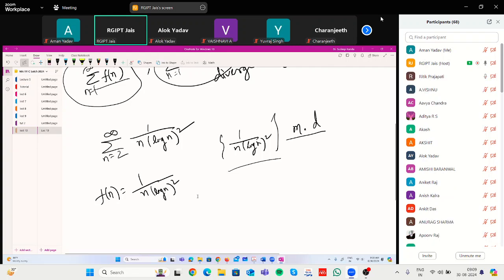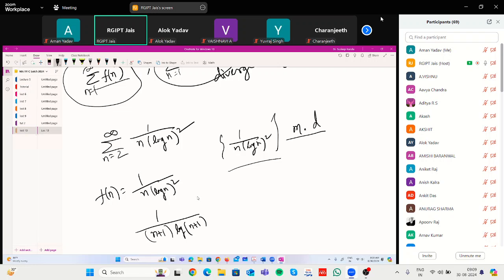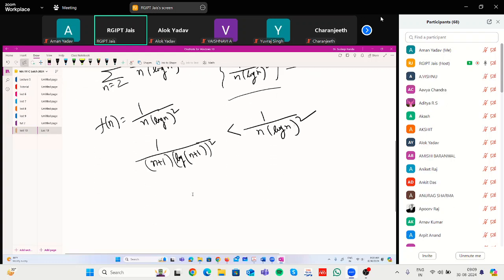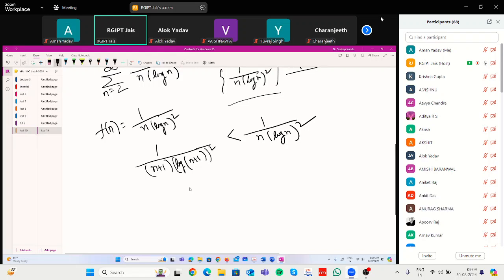So how will you show it? Does this inequality hold?